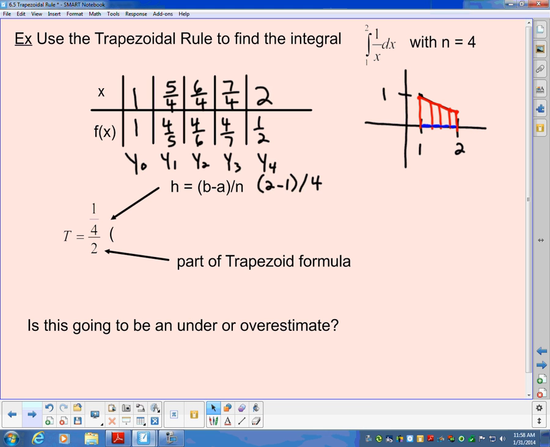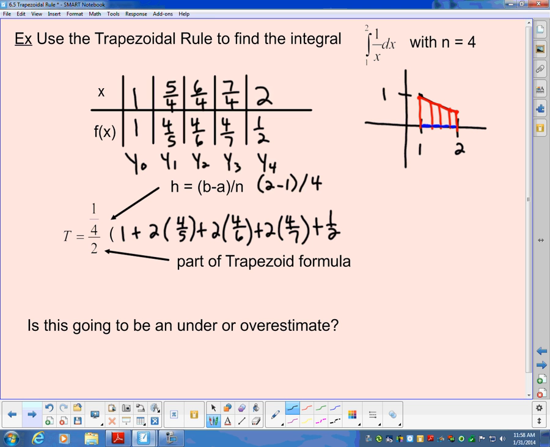So I can use the formula directly here. We have 1/4 over 2 times y naught, which is 1, plus 2 times 4/5 plus 2 times 4/6 plus 2 times 4/7 plus 1/2. And that is the estimate for the integral. So let's go ahead and find that.